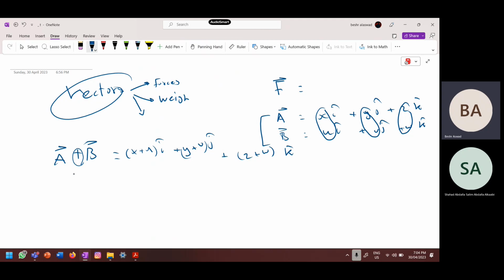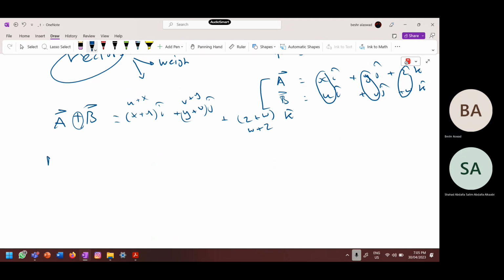As for subtraction, in summation the order will not matter. So if you use U plus X, V plus Y, W plus Z, you will still have the same values. But if you have subtraction, A minus B, you must start with A, then subtract B. You cannot do the reverse, because this will give you a wrong value. This will give you actually a negative value of the actual vector, or you can say an opposite direction value of the actual vector.